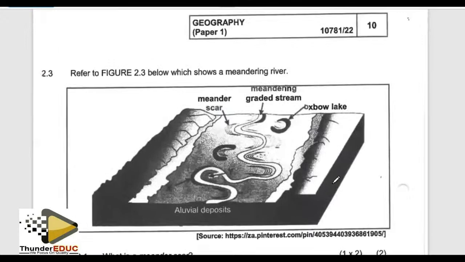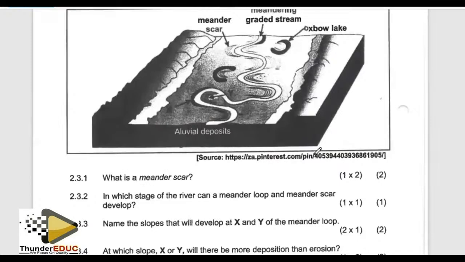2.3, the figure below shows a meandering river. So you can see this is our meander. This is a feature here. Okay, so what is a meander scar? So all of us know meander scar.